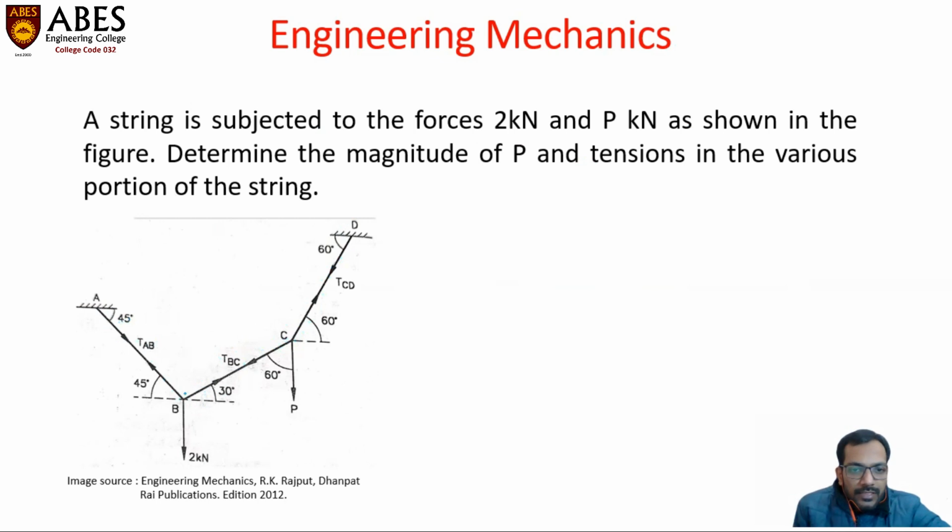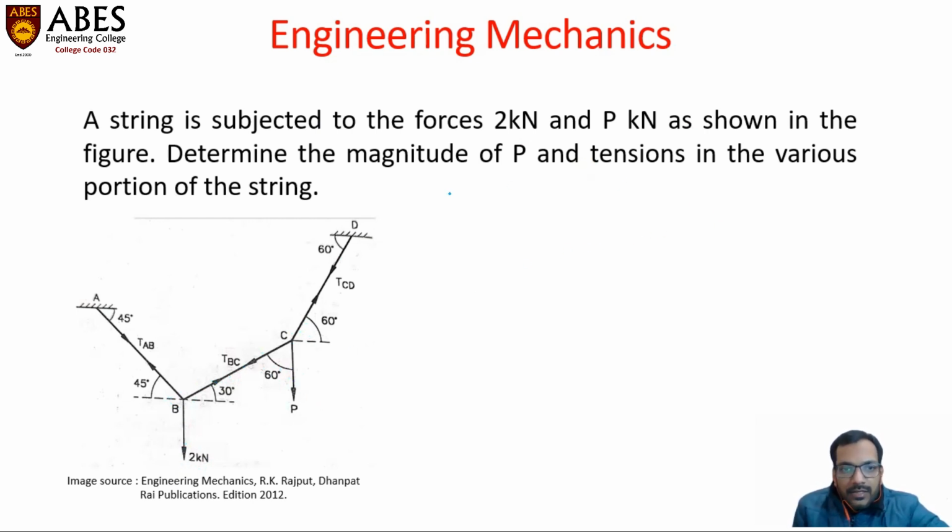So this is the force system as shown in the figure. A 2 kilonewton force is acting on this junction B, and P kilonewton, the amount of force P is unknown, and this P kilonewton force is acting on this junction C. As usual, the weights act vertically downwards. So this is acting vertically downward 2 kilonewton, and this force is also P kilonewton.